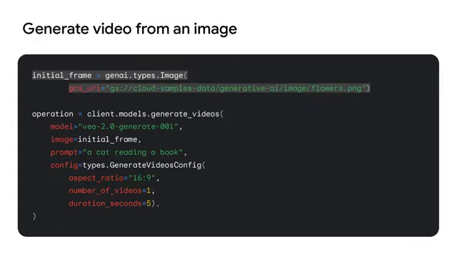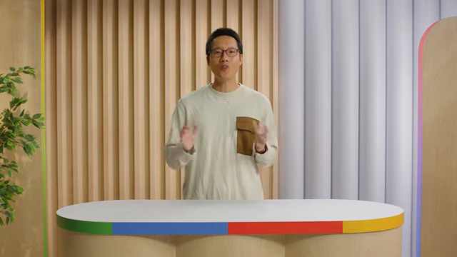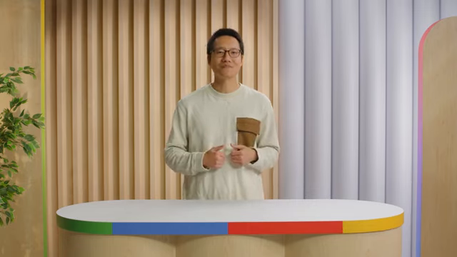If you want to specify an image as the initial frame for the generated video, you can do it by defining the image and then passing it to the generate video function. The other parameters stay the same. Okay, so that's all you need to generate videos with Veo using the Google GenAI Python SDK.